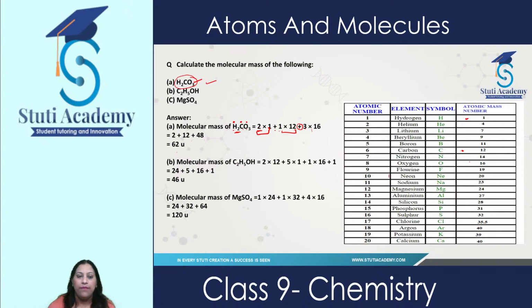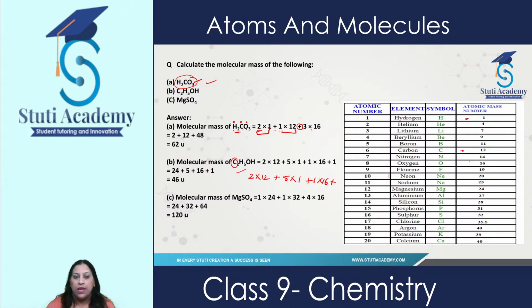Then we have ethanol, C2H5OH. You need to calculate the molecular mass of this compound. Again, same procedure. Carbon 2 in number, and its atomic mass is 12. Then hydrogen 5, atomic mass is 1, plus oxygen is 1 multiplied by 16, then plus hydrogen. If the same element comes 2 times, you have to write it separately.